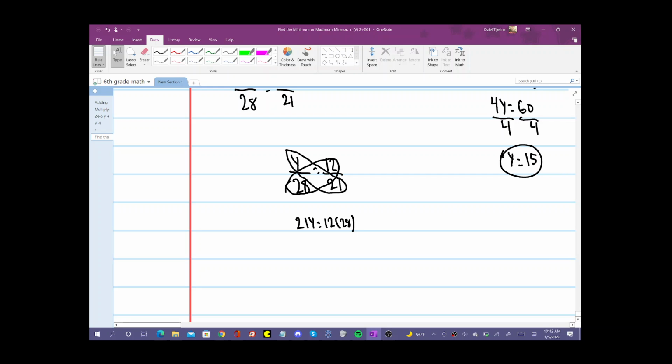Let's see, 12 times 28, that's 336, so 21y equals 336. And then we have 336 divided by 21. We get that y equals 16.